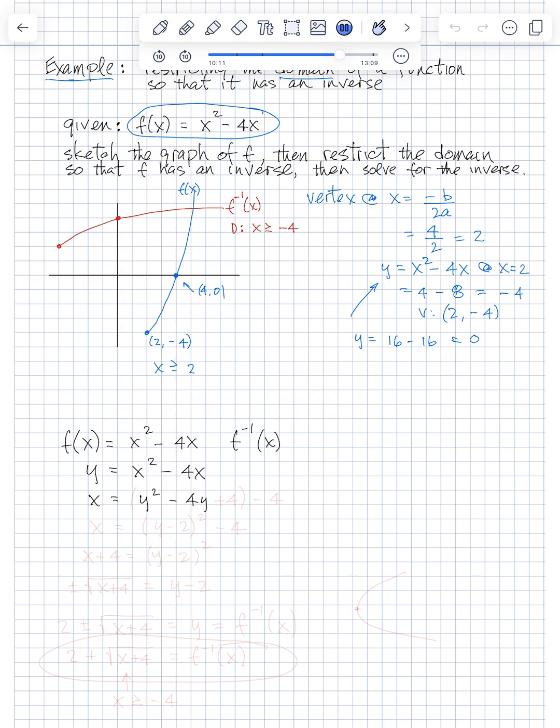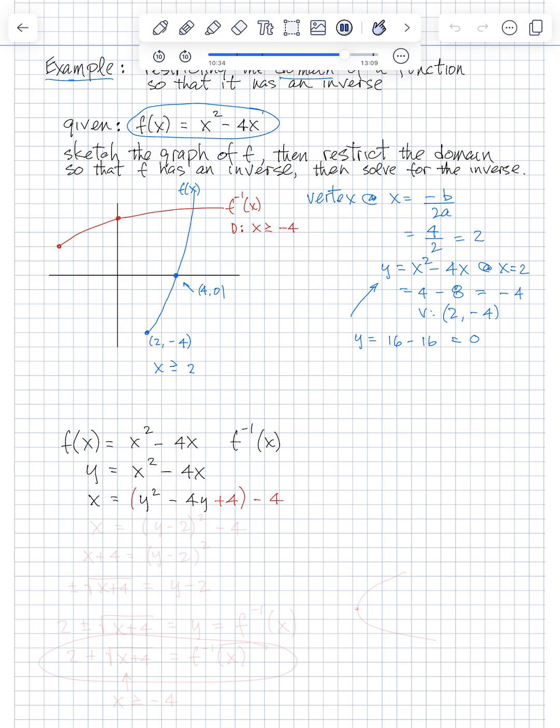Well, one way, probably the easiest way, is let's complete the square. So we have y squared minus 4y. We take half of 4, which is 2. 2 squared is 4, so we're going to add 4. But if we add 4, we have to subtract 4.